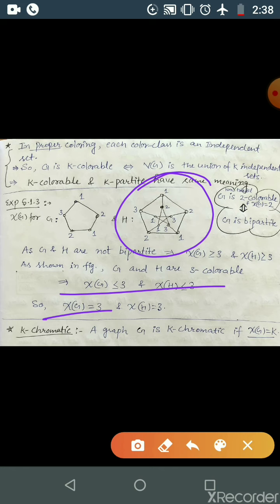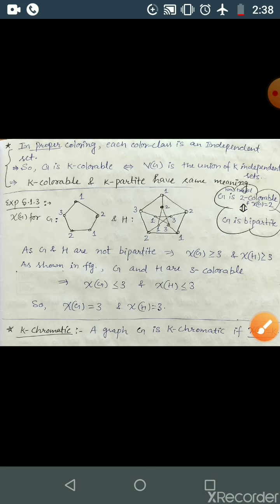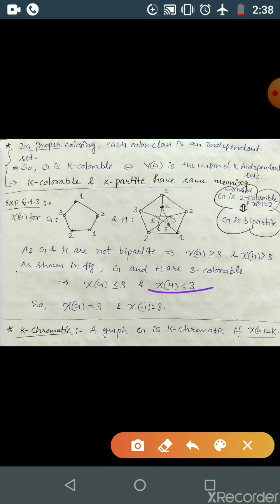And the 3 coloring we have shown here means the graph is 3 colorable, so the chromatic number is at most 3. Less than or equal to 3 and greater than or equal to 3, this means equal to 3.